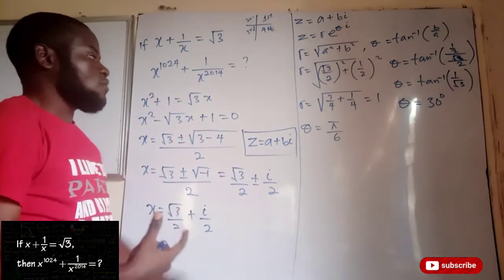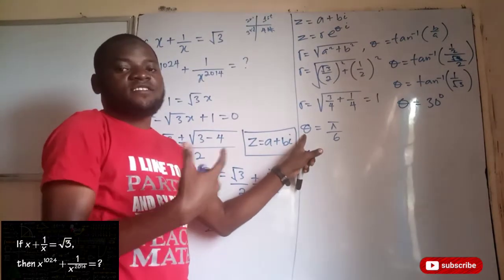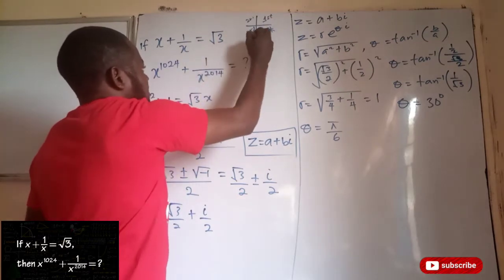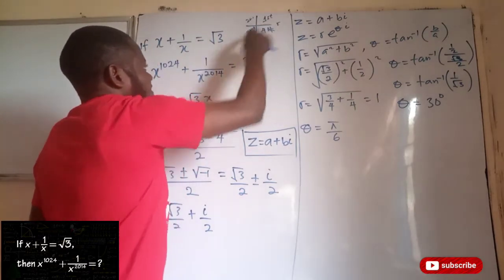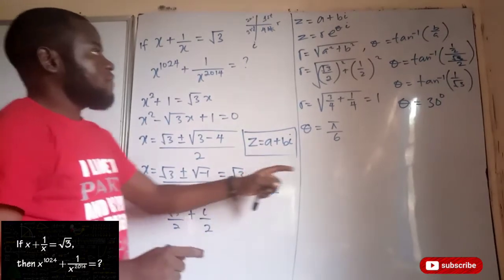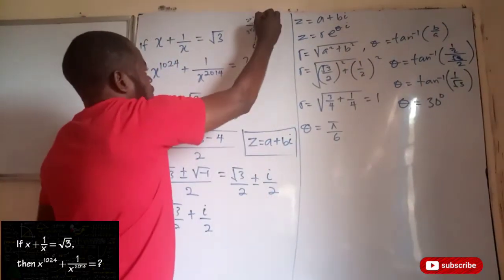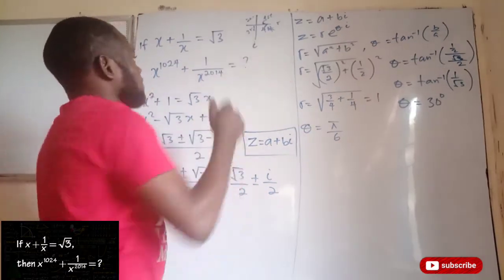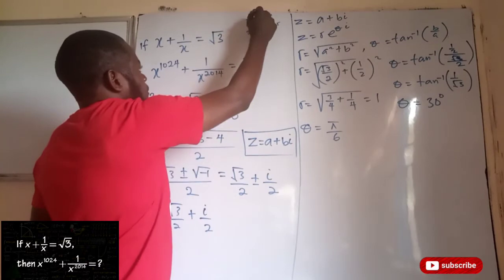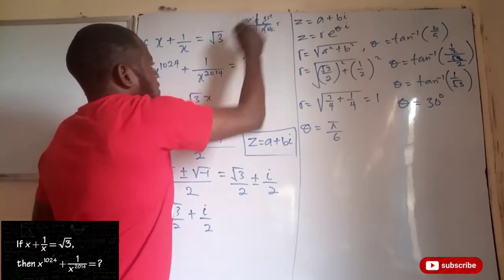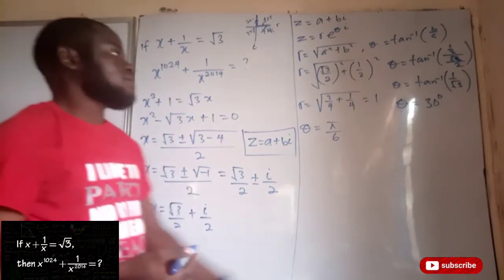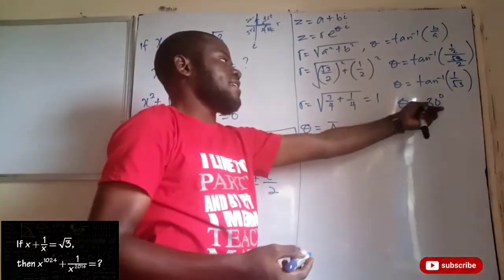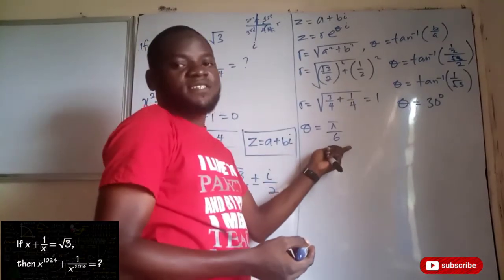To determine the quadrant in which the argument of a complex number falls, you need to consider that the y-axis is the imaginary part and the x-axis is the real part. If the real part is positive, it falls in this direction, and if the imaginary part is also positive, it falls in this direction. So we have them in the first quadrant. Hence, our theta is 30 degrees, and 30 degrees in radians is pi over 6.